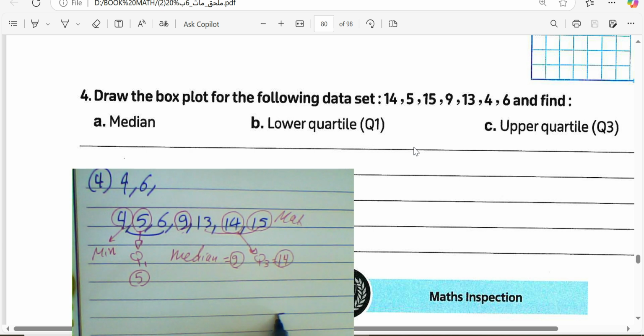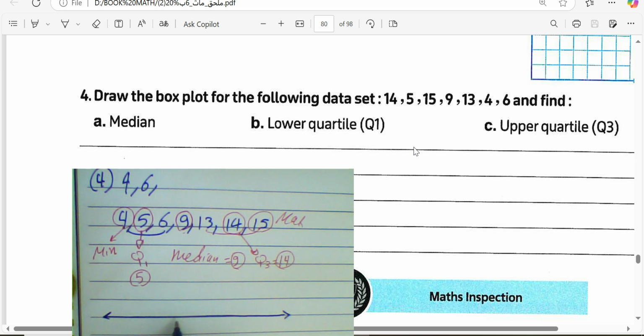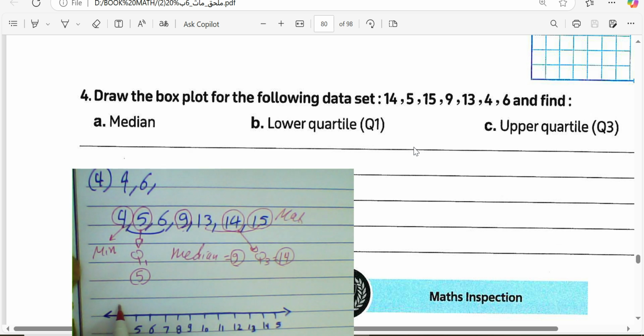And then we can draw a number line, and then with the points from the smallest 4, 5, 6, 7, 9, 10, 11, 12, 13, 14, 15, beginning from 4 and ending at 15.